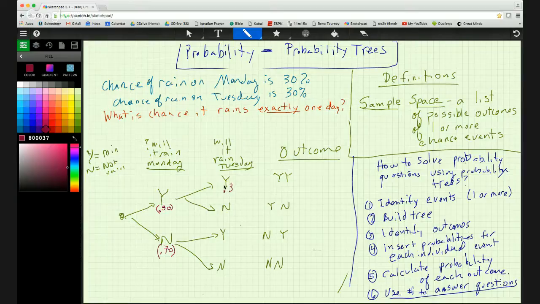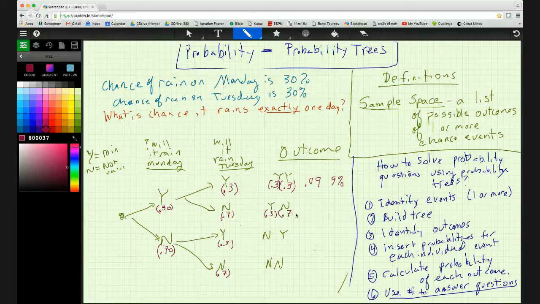So yes is 0.3, no is 0.7, yes is 0.3, and no is 0.7.